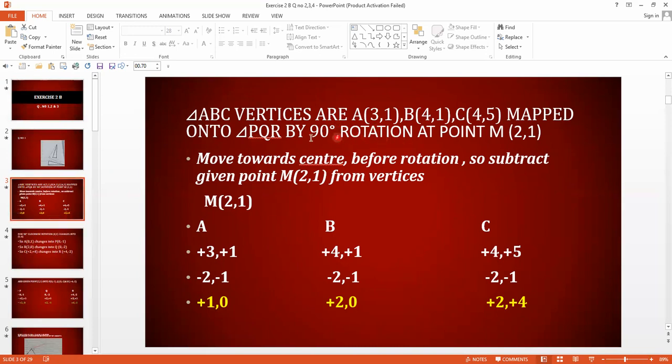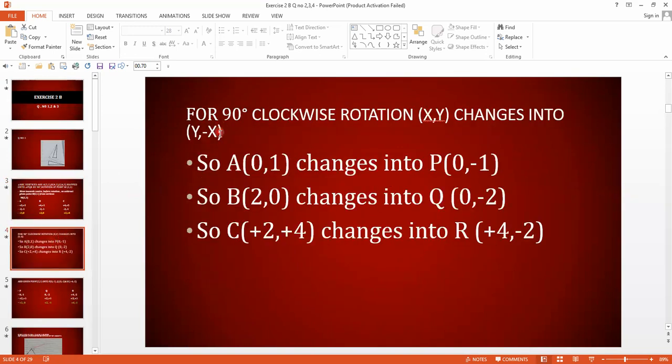That is the rotation of 90 degrees. Look front. The second one is 90-degree clockwise rotation, because I already told you there are two types of rotation. One is clockwise and the other one is anti-clockwise. So whenever you want to do a clockwise rotation, you must remember XY. As you know, in an ordered pair you have two values.